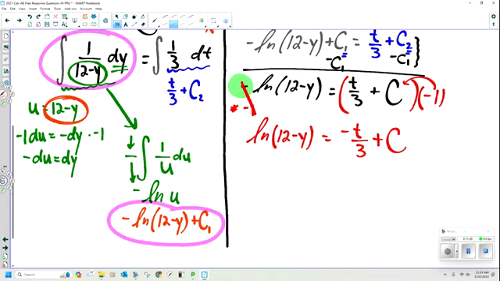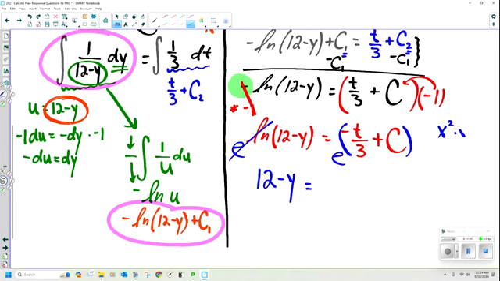Now, before I plug in my initial condition, I like to get rid of the natural log because it's going to help me evaluate, especially without a calculator. So the next thing I'm going to do is create a base e for both sides. The ln goes away. We get 12 minus y. That's a million times easier to evaluate. Equals what math operation if I'm adding exponents? Well, I have to multiply things with similar bases to add the exponents, don't I?